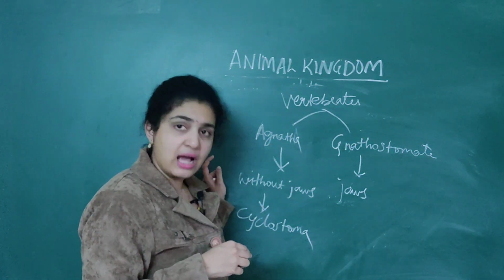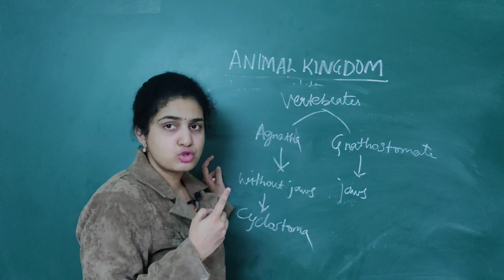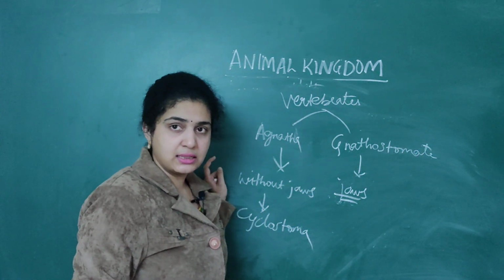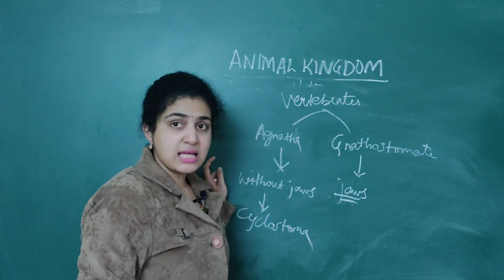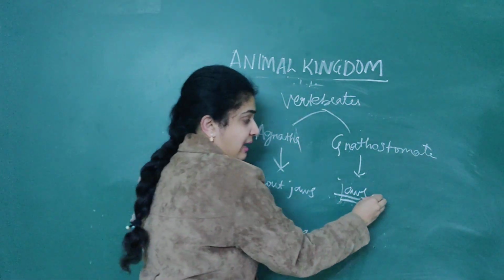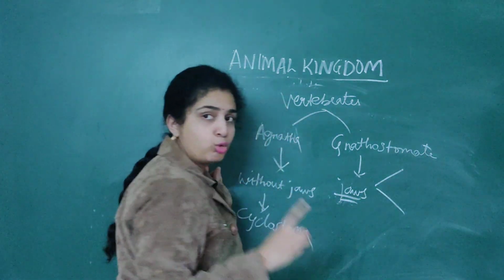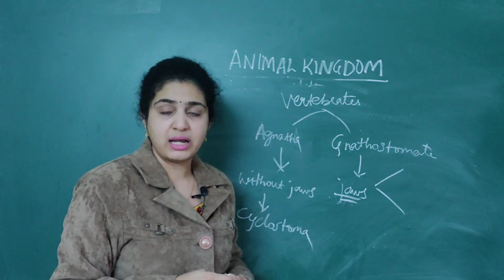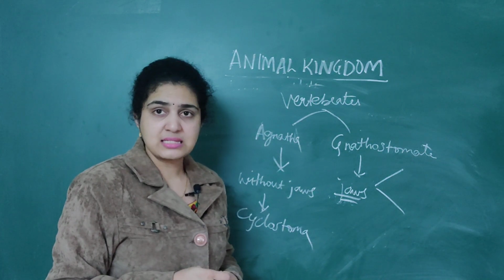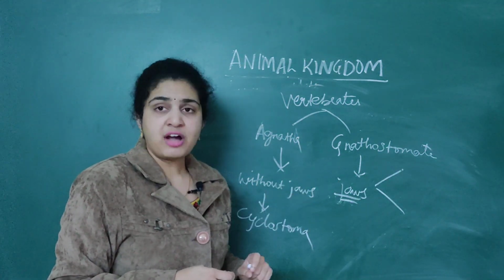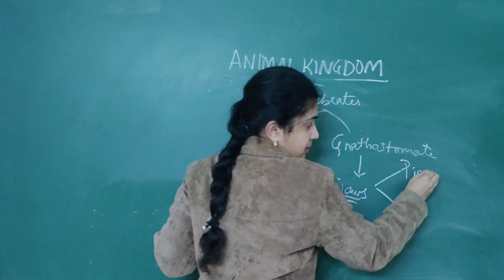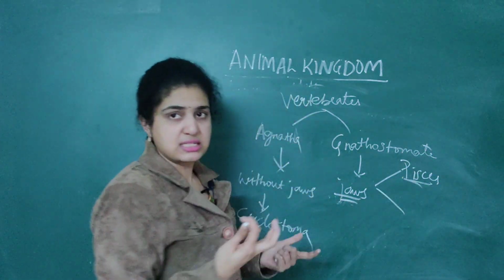When it comes to Gnathostomata, jaws are present in them. Again they are divided into two subclasses. What are those subclasses? First one is Pisces. Pisces means what? Fishes.